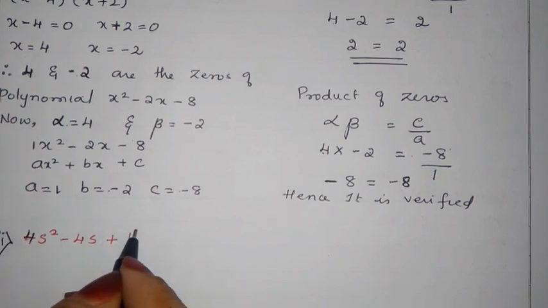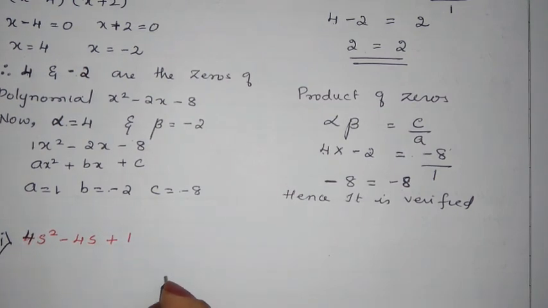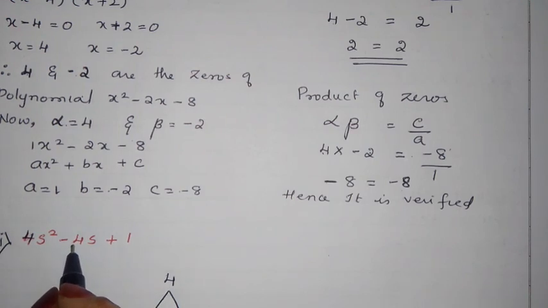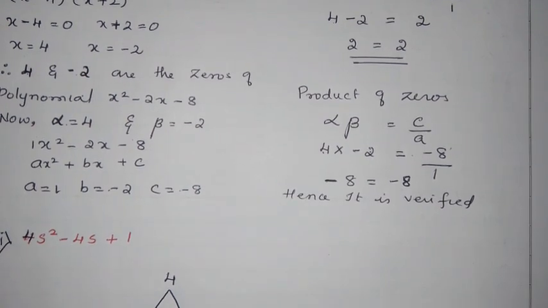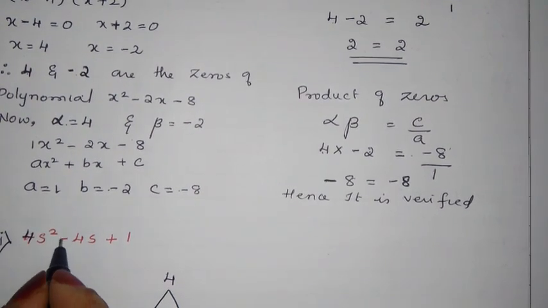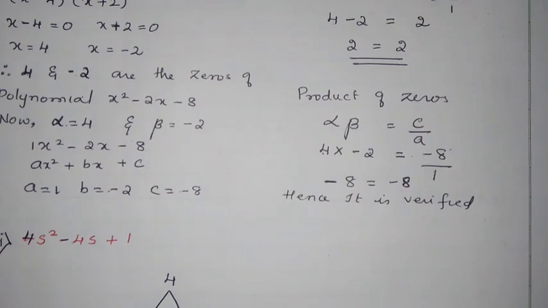First and last terms we have to multiply: 4 into 1 is 4. We have to find two numbers such that when we multiply, we get 4, and when we add, we also get 4. How? 2 twos are 4, 2 plus 2 is 4. But the minus sign is there, so both will have the minus sign.